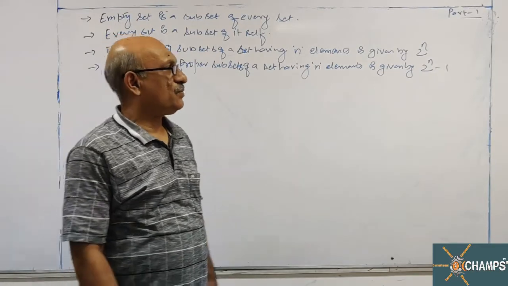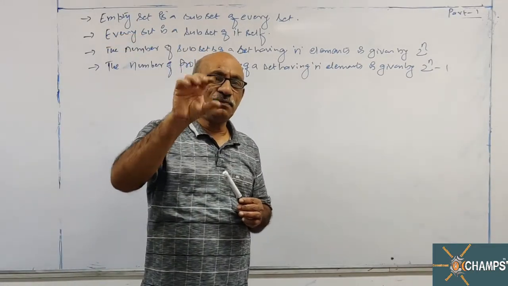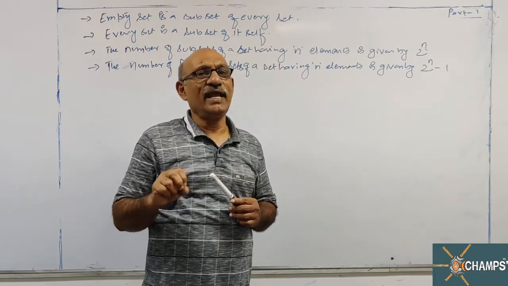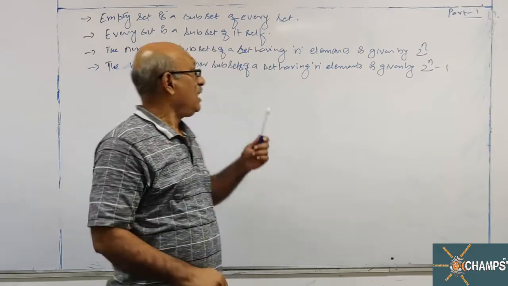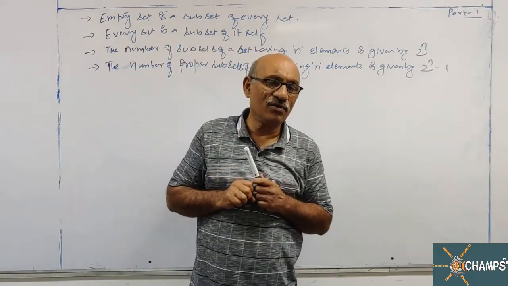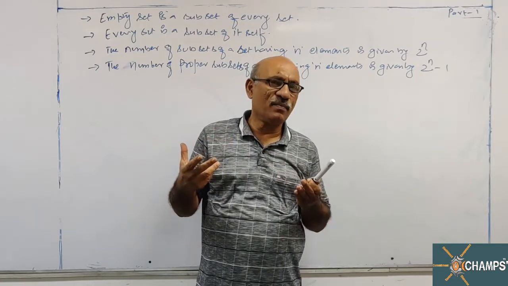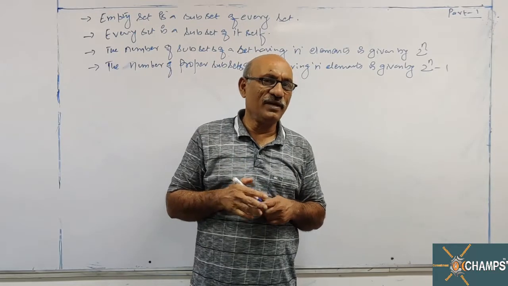What does it mean actually? You are eliminating the option of not selecting any element from the total. At least one element you have to select here. When you are saying proper subset, it means at least one element you have to select. Then it is called a proper subset, means the selected set is having at least one element.